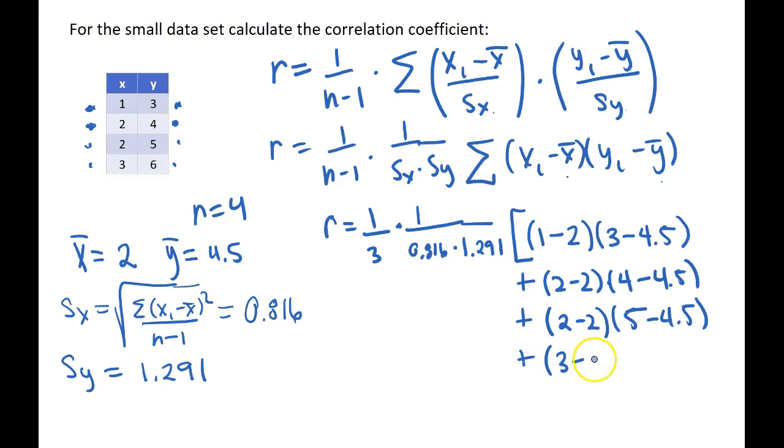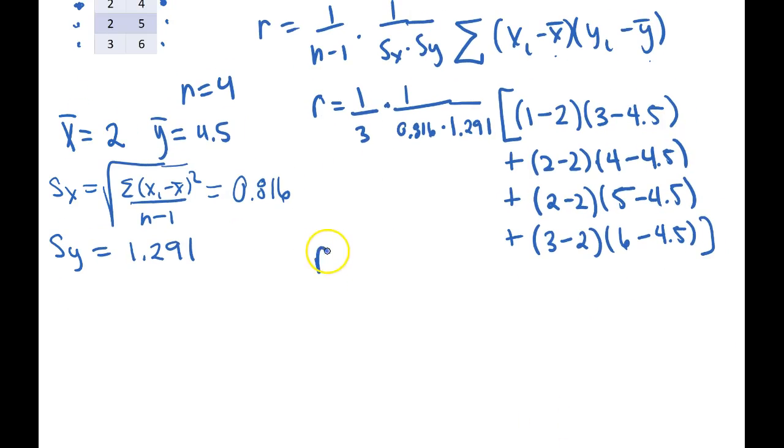So x is equal to 3, the mean is 2, times the paired observation for y, which is 6, minus the mean of the y's, which is 4.5.